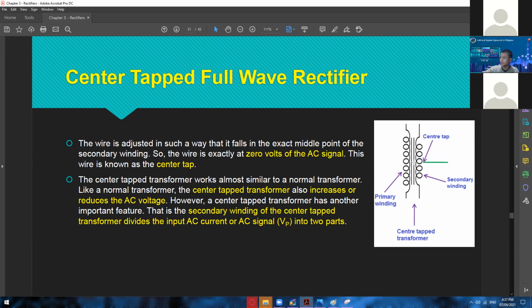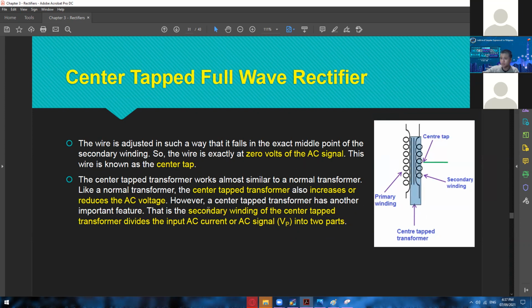This one right here is called the center tap because this is the ground, or where you are going to read the voltage output. Later on, you're going to see the complete schematic of this center tap rectifier.